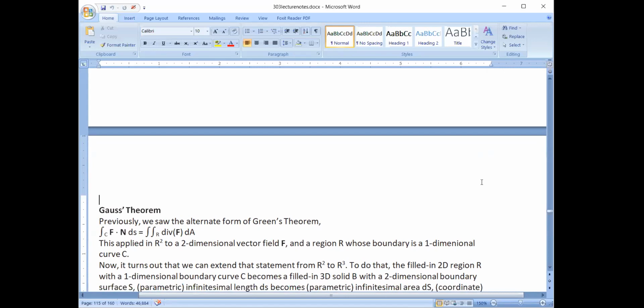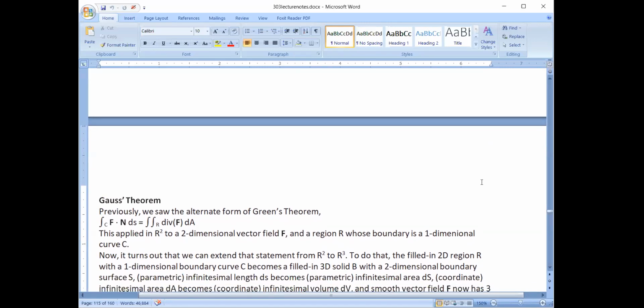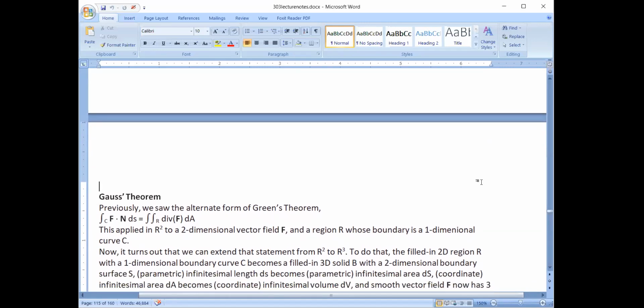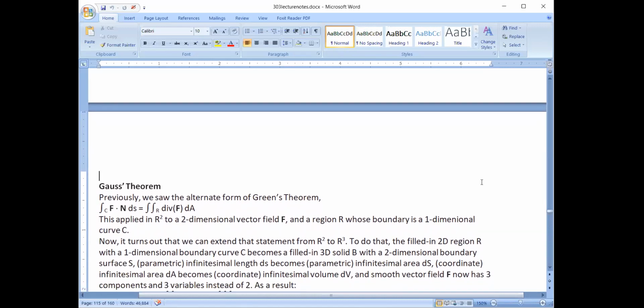Again, we're going from little s to big S for area. Then coordinate infinitesimal area dA becomes in coordinates the infinitesimal volume dV. And the smooth vector field F goes from having two components and two variables to three components and three variables.